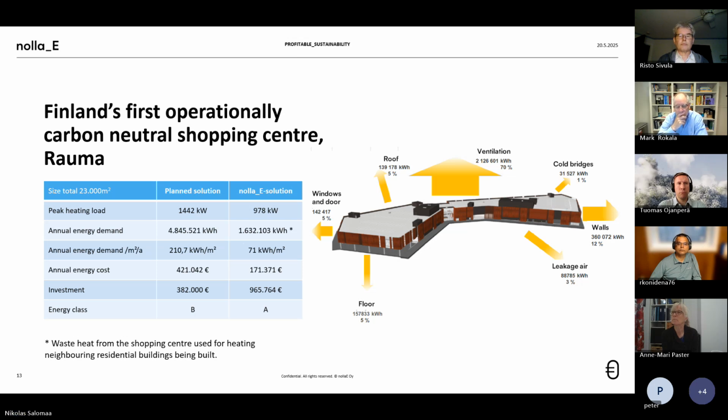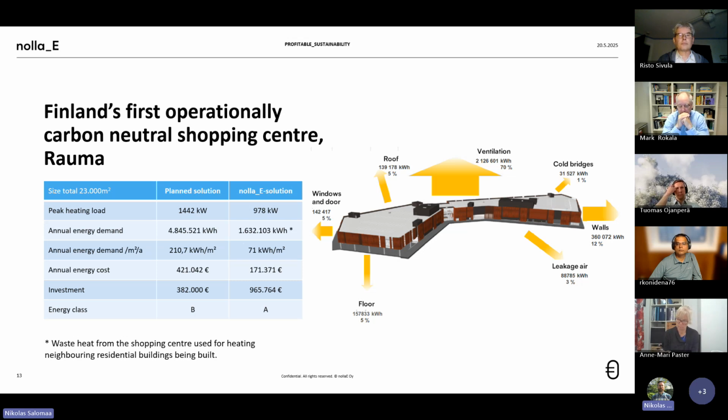And why there is so much emphasis on the numbers is that we are trying to get property owners and developers to understand that green buildings are not a cost.